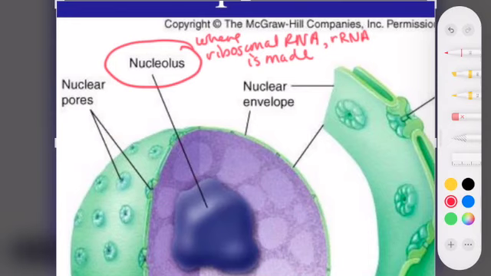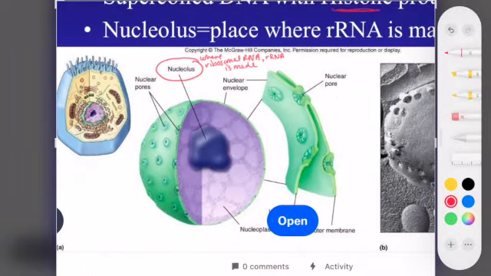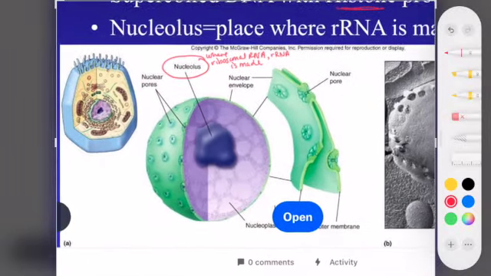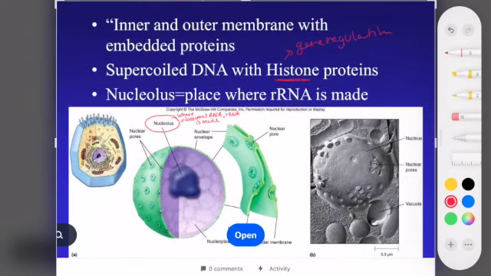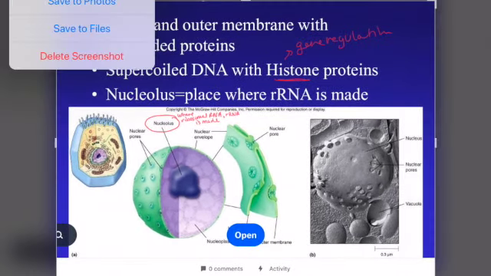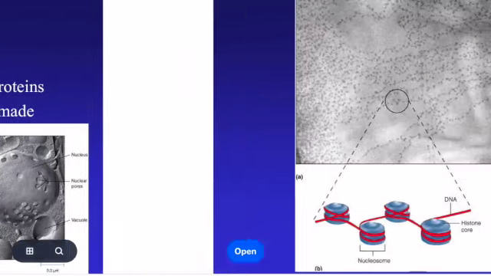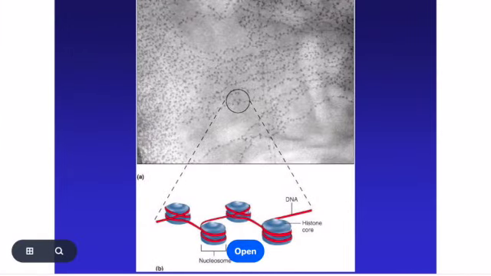There are nuclear pores where things get in and out, and it houses the chromosome. I already showed you this last time: this is an electron micrograph of DNA, and those little grainy things are histone proteins that it's wound around. It's so cool.